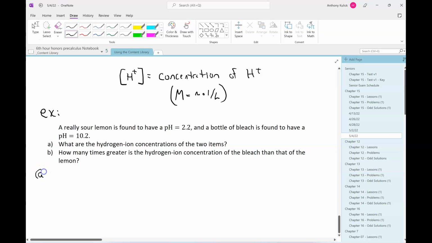Part A asks, what are the hydrogen ion concentrations of the two items? I always try to write these in red, don't I? So again, hopefully nobody's confused by me needing to use the pH model here, right?